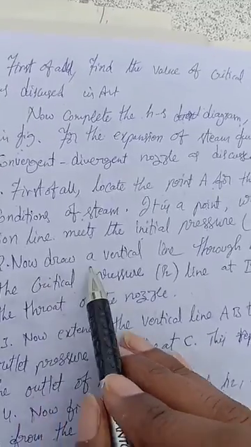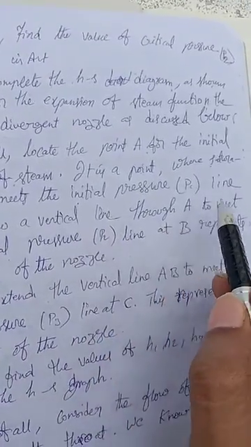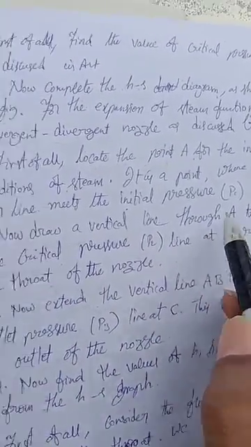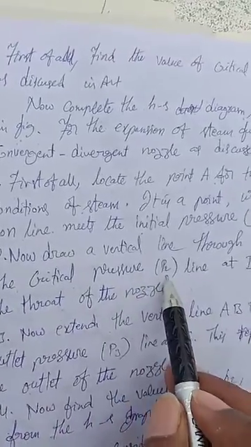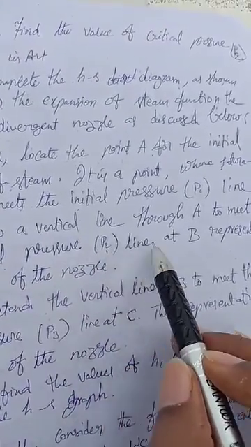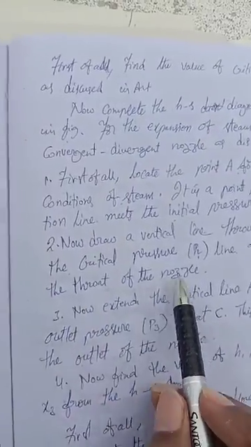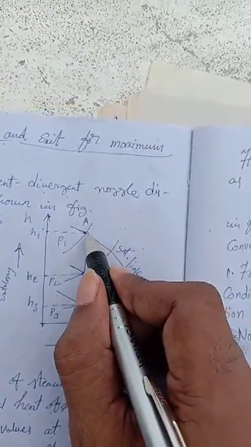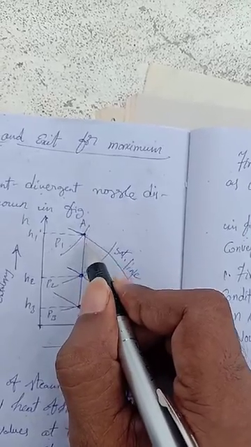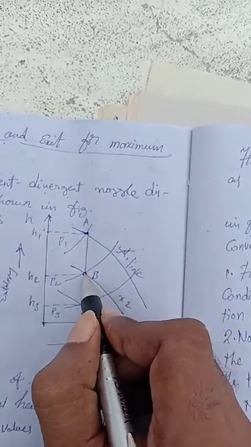Next, now draw a vertical line through A to B, A to meet the critical pressure P2. The point B represents the throat of the nozzle. Now look at here, pressure P1 to go for pressure P2.